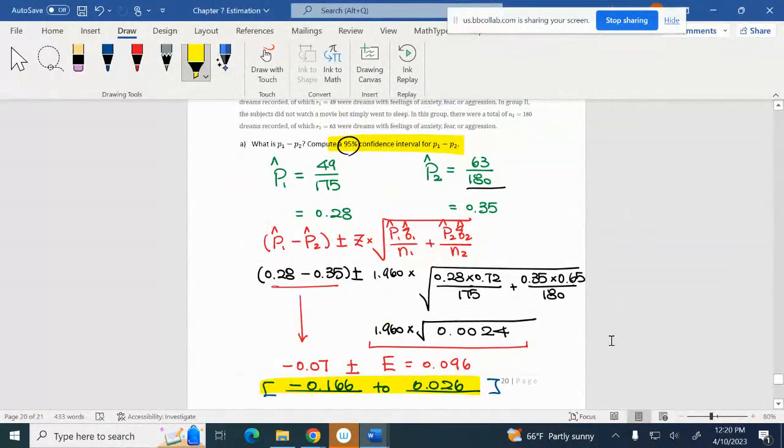Who is this? It is the 95% confidence interval for the proportion difference. Yeah, simply, we figured out it is the formula. Simply just plug the statistics into the formula, take the confidence interval.